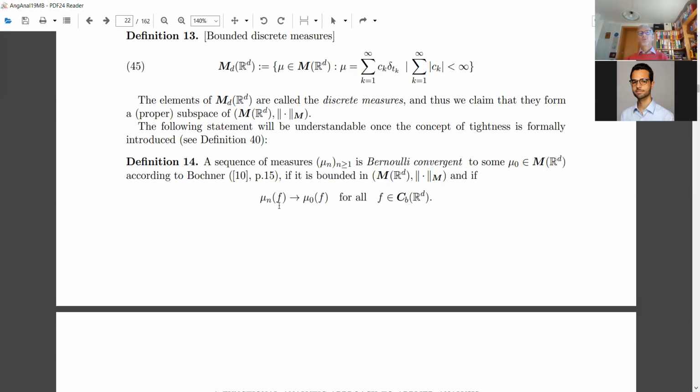And we have not done this. We will see that this is possible. You can always extend the action of a bounded linear functional on C0 to CB, but that's a separate thing. So at the moment, I just establish terminology because it's adjacent in the lecture notes. We say it's Bernoulli convergent if for every bounded continuous function you have this convergence.